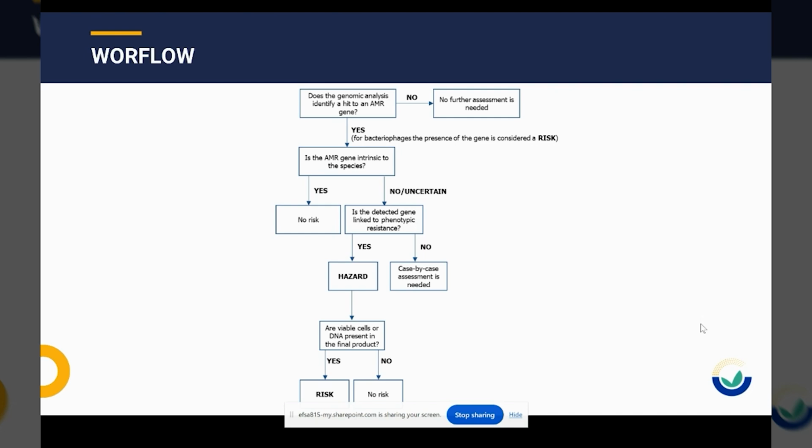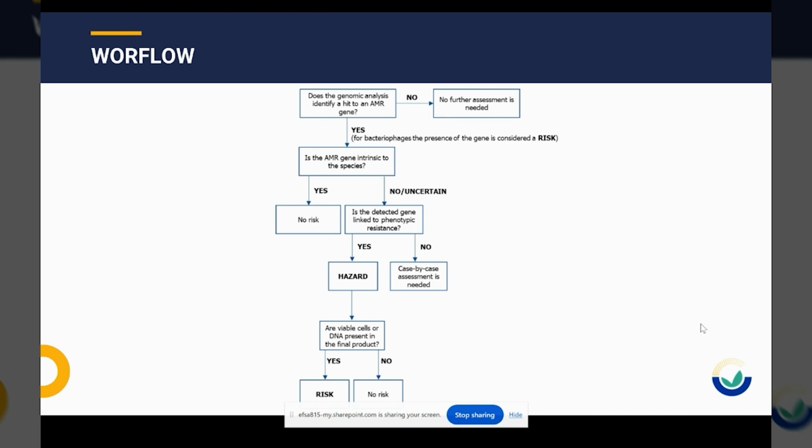In the case of bacterial strains, it will be needed to determine if the match found corresponds to an intrinsic or acquired gene according to the statement of the Biohazard Panel, and unless it can be non-equivocally determined that the gene is intrinsic, it will be treated as an acquired gene.